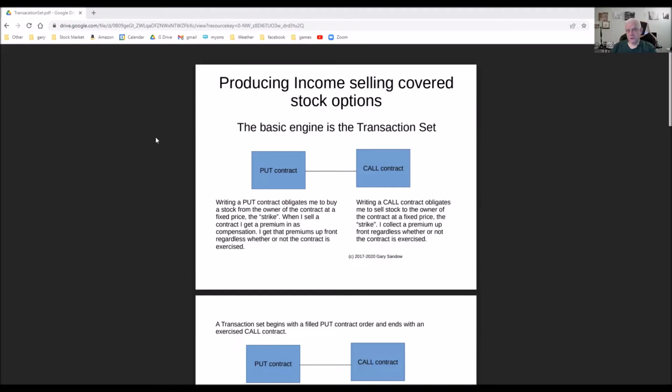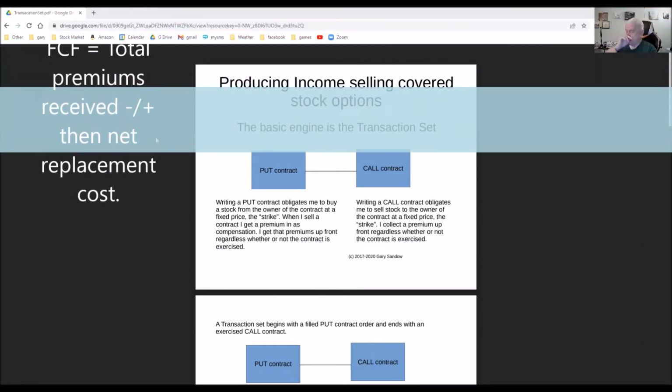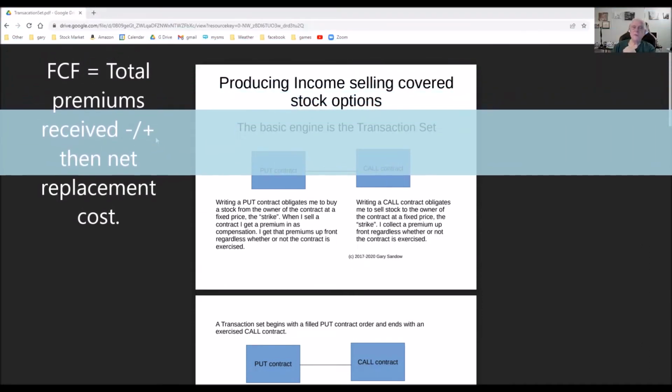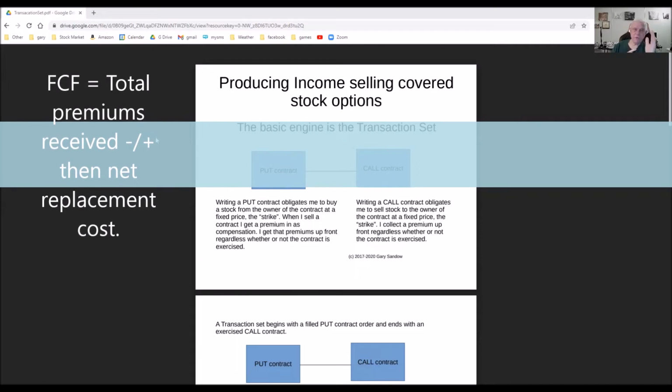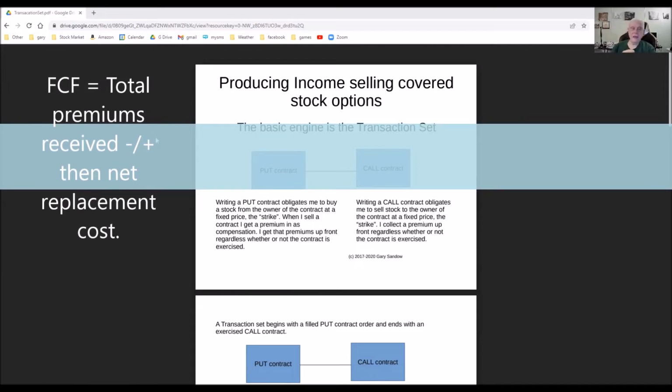Now, I'd use those 100 shares of stock to cover the call contract, and I have to choose a strike price and a premium ask, and that may or may not get exercised, but let's assume that it does. So basically, I take the total of the two premiums received on the put and on the call, and those need to exceed the replacement cost of the stock.